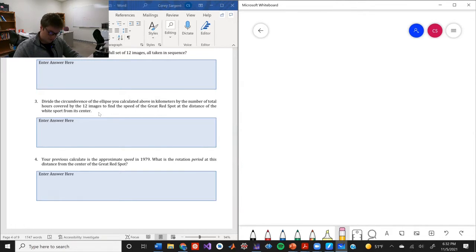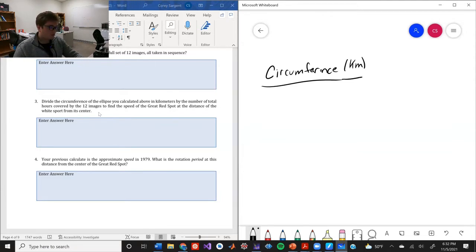Right, so we take the circumference and divide it by, which is in kilometers, right? As we determined that before. Circumference, the kilometers, and then we're going to divide it by the total hours covered by the 12 images, which we found in question 2.